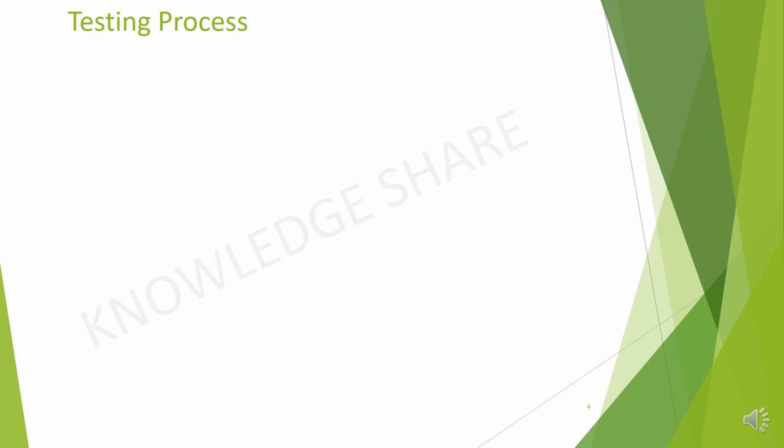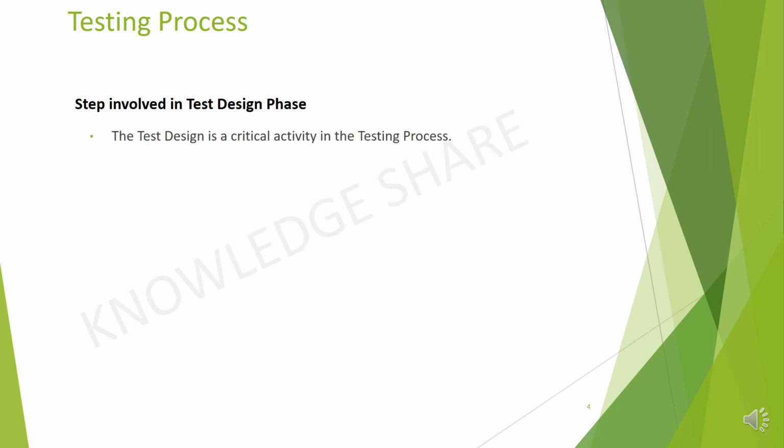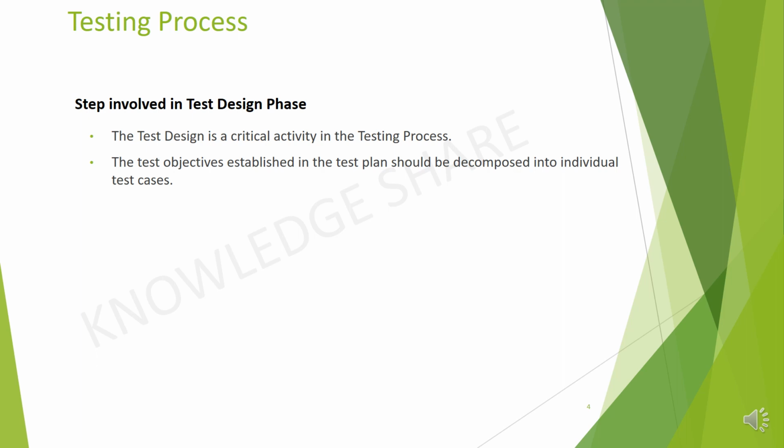Next question. Steps involved in test design phase. The test design is a critical activity in the testing process. The test objectives established in the test plan should be decomposed into individual test cases. Begin the process with high level test objectives.